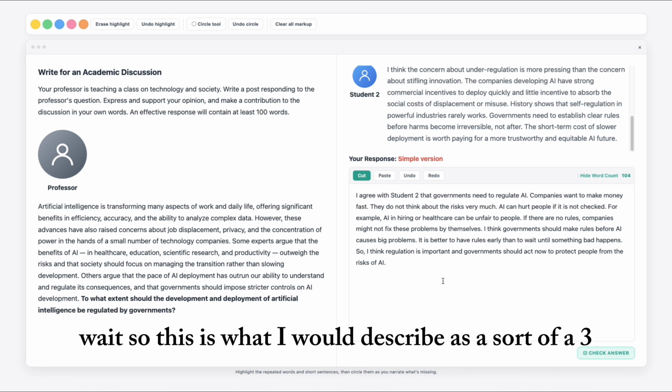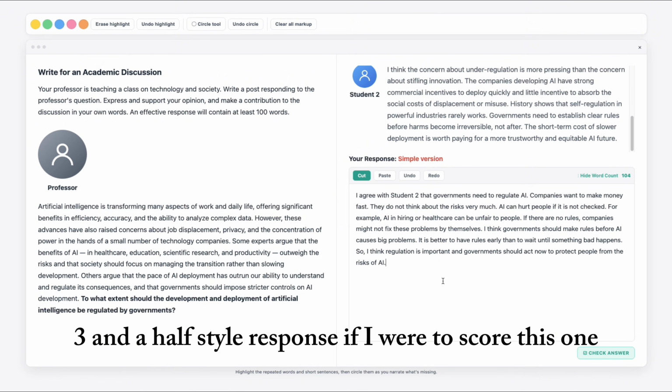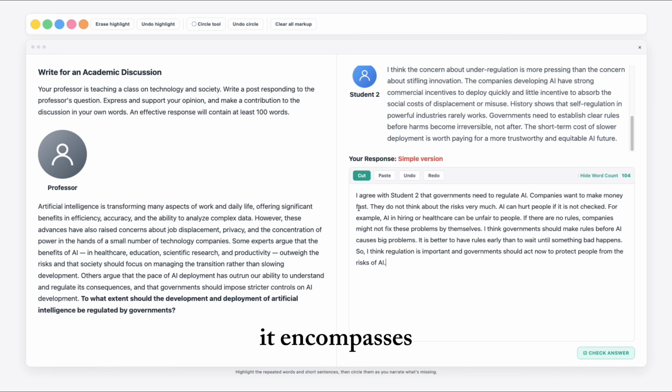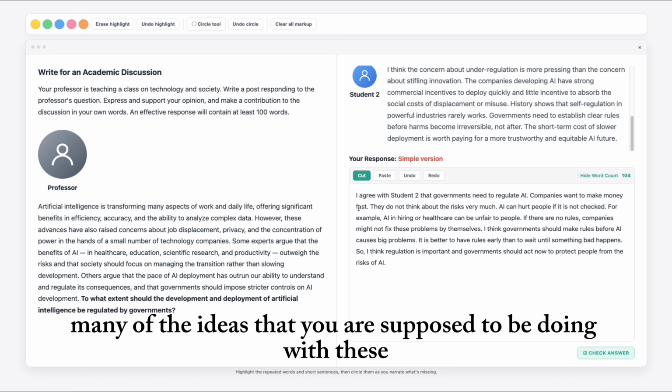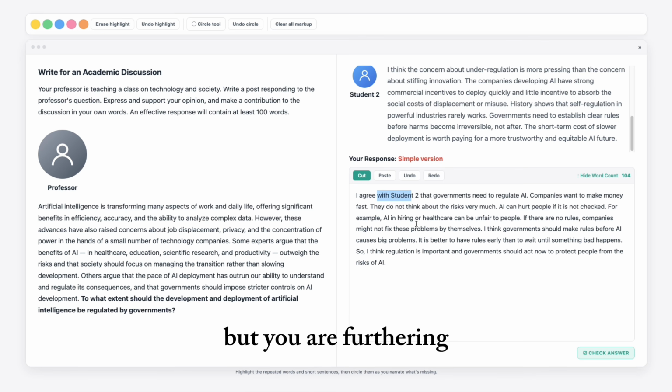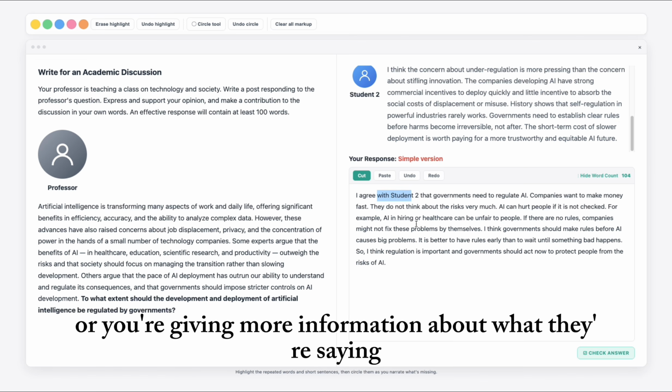Now, this is what I would describe as sort of a 3.5 style response if I were to score this one. There's nothing technically wrong with it. It encompasses many of the ideas that you are supposed to be doing with these, where you are agreeing with one student, but you are furthering or giving more information about what they're saying.